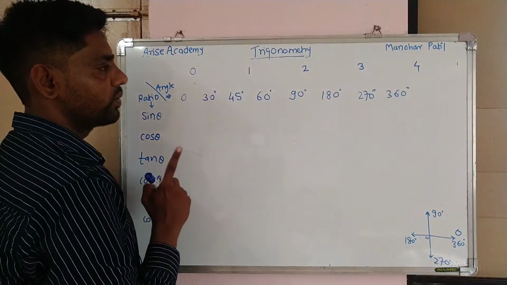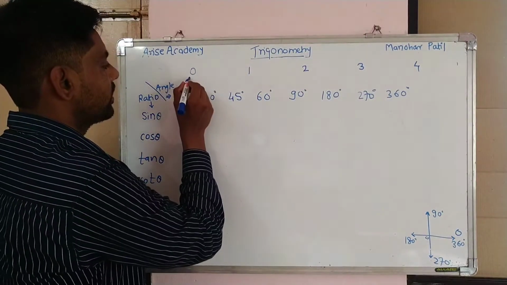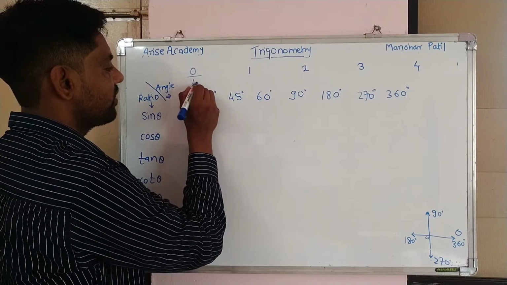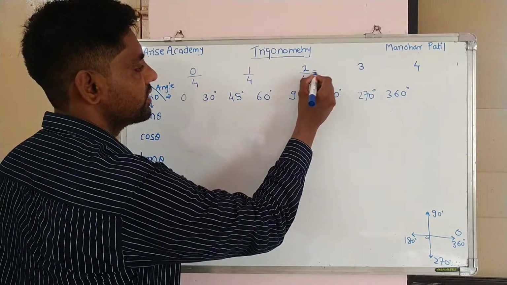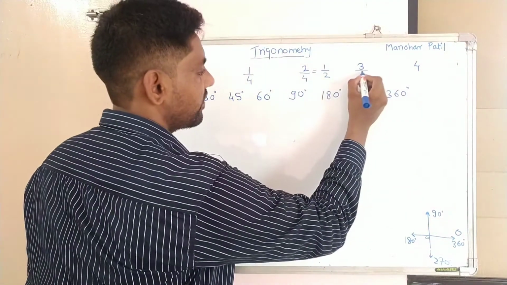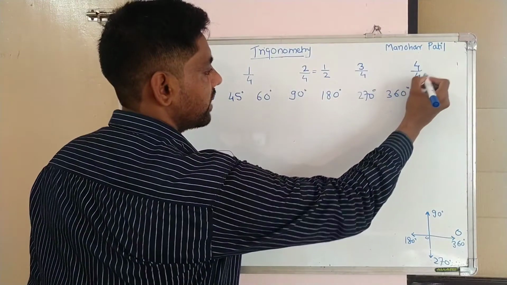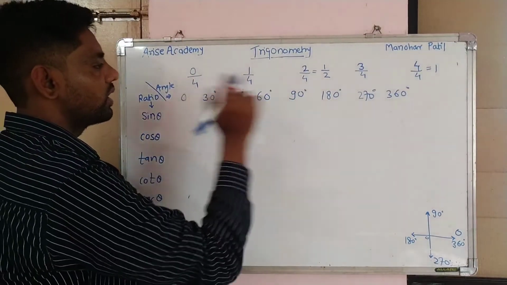In the next step, divide all numbers by 4. So you get 0, 2 by 4 meaning 1 divided by 2, 3 by 4, and 4 divided by 4 equal to 1. Take the root of all numbers.